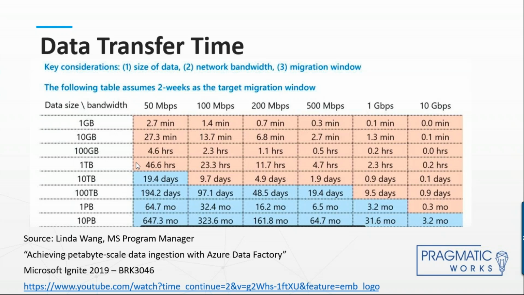So for example, if I had a 10 terabyte data warehouse and I'm moving that over a 100 megabit connection, the math says that's going to take almost 10 days just to move that data from point A to point B. We'll talk in a second about some ways to reduce that time, but I just want to point out at this point in the talk that the process of moving that data to Azure is very time consuming and resource intensive.